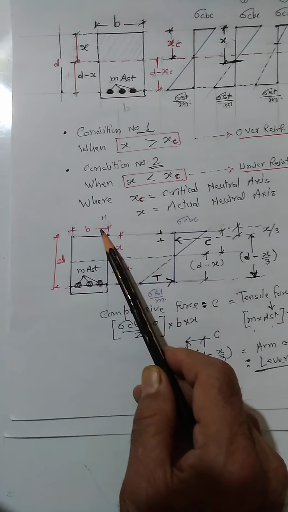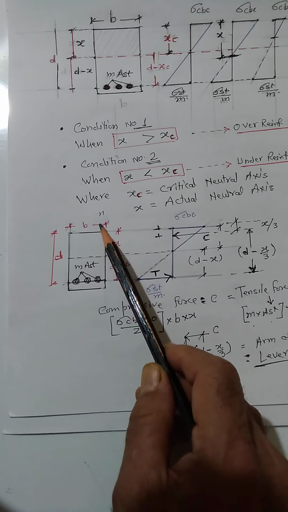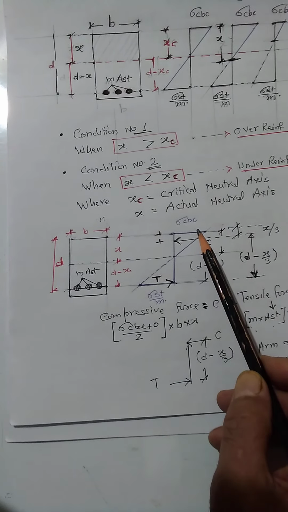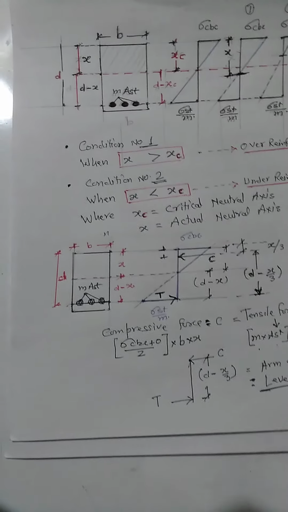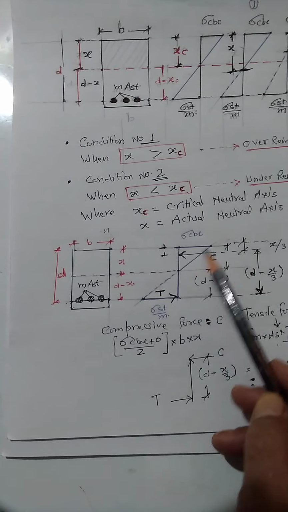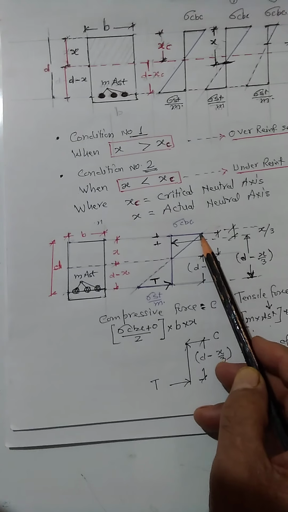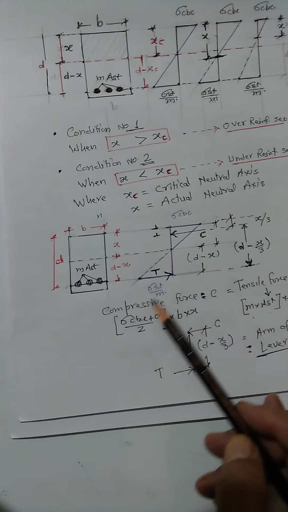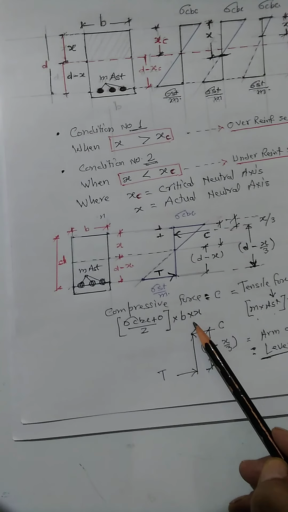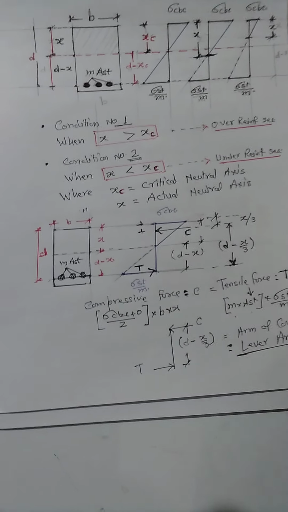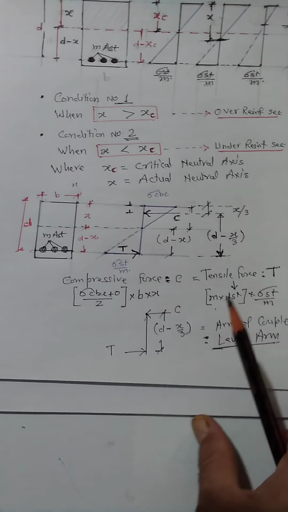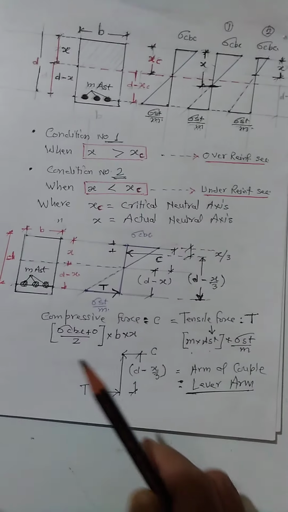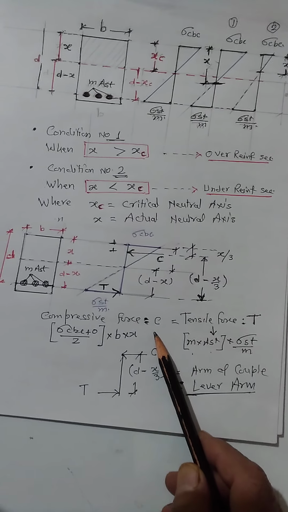The total compressive force is nothing but the total area of the concrete times the average stress of concrete. Because the stress is 0 over here and maximum at this point, the average is (0 plus sigma cbc) by 2, into b into x. That will give you the compressive force, denoted by C.